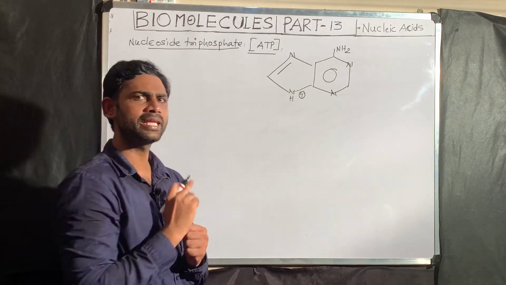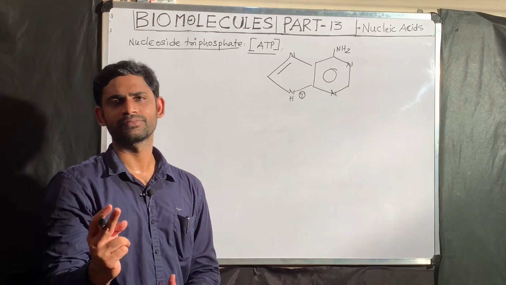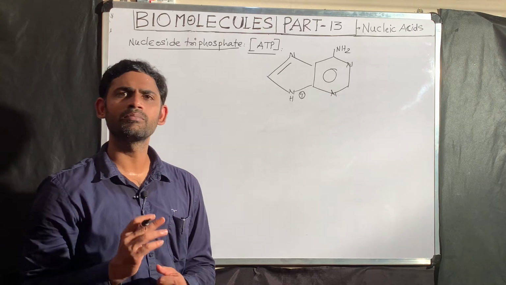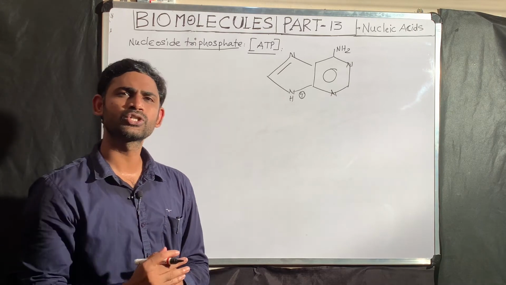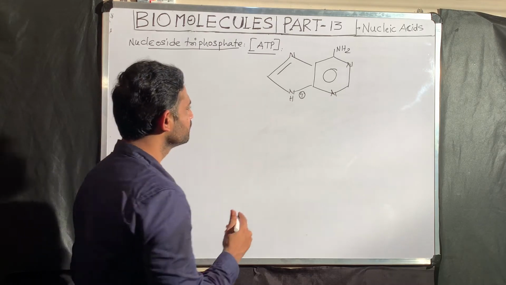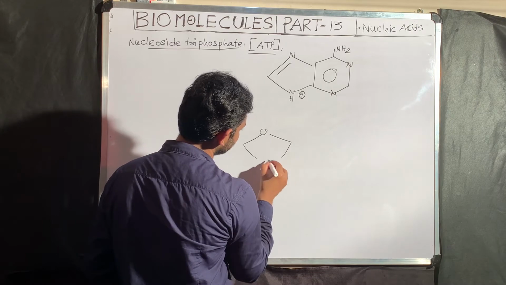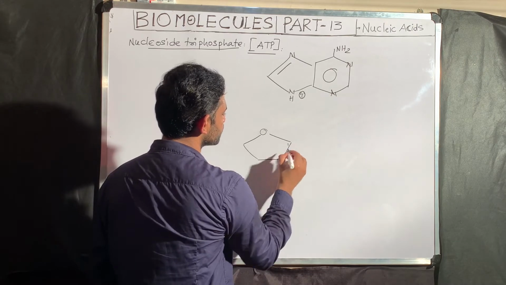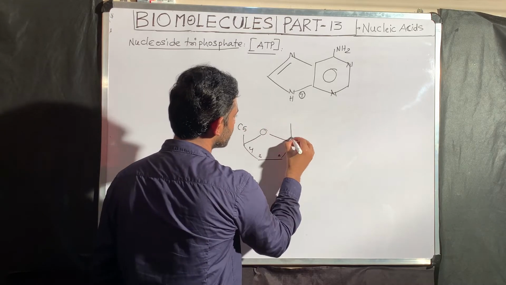After that, ATP means adenosine triphosphate. So ATP is a component of RNA only. RNA means what? That sugar is a ribose sugar. See this one, we have already drawn it. This is the first, second, third, fourth, fifth carbon. Which anomer is present?